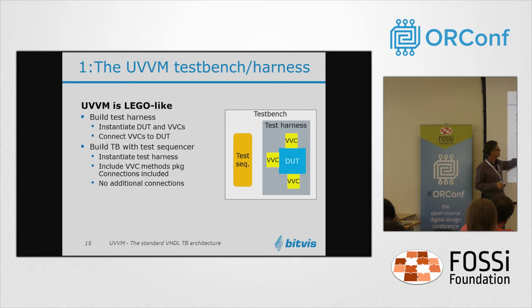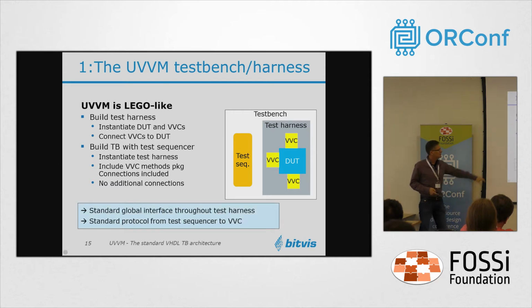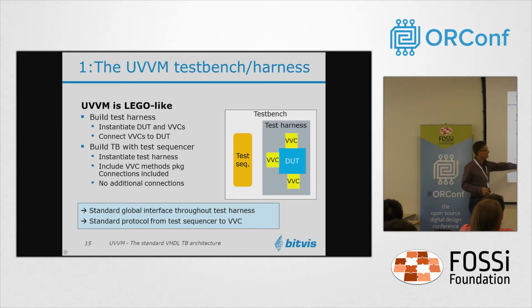And that means you don't need any additional connections from the verification components to the test sequencer because they are basically connected globally. So that means we have a standard global interface throughout the test harness, which means it is dead simple to make, and a standard protocol from the test sequencer to the verification components.